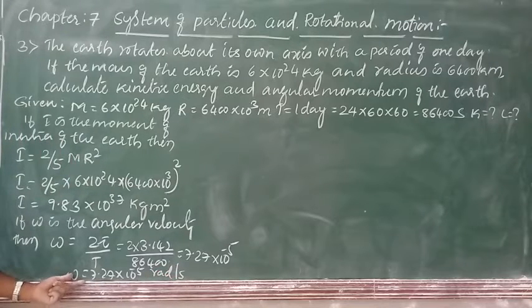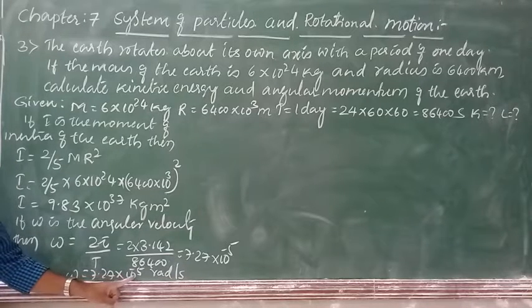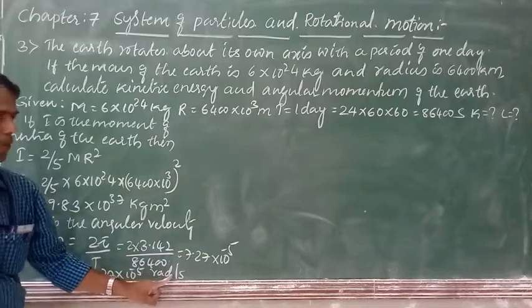So the Earth rotates about its own axis with an angular velocity of 7.27 × 10^-5 rad per second.